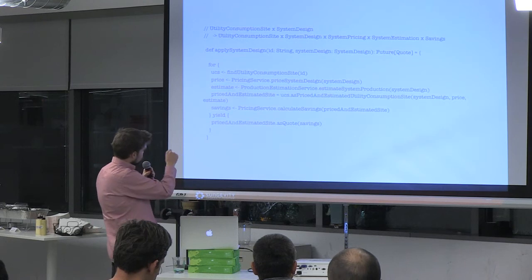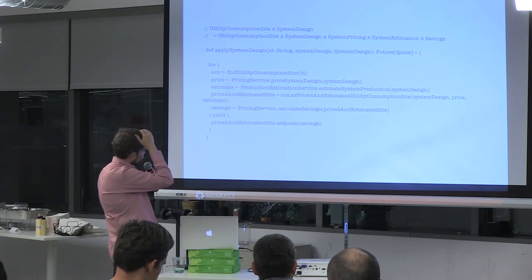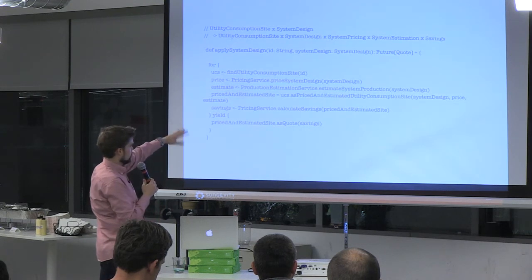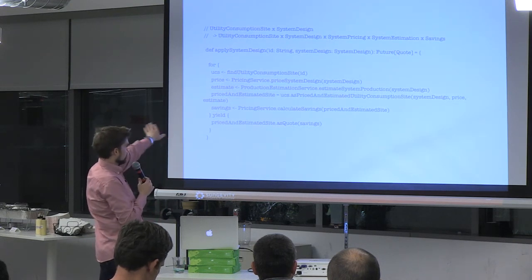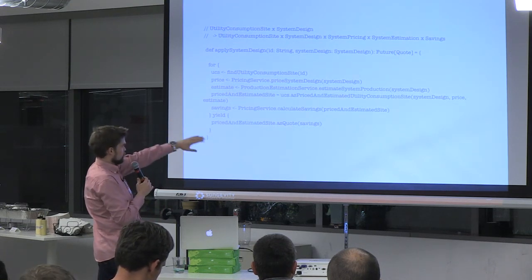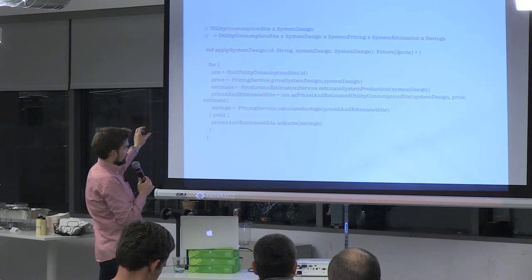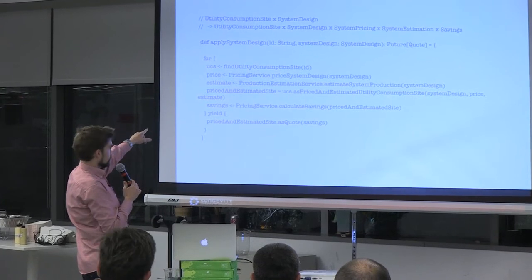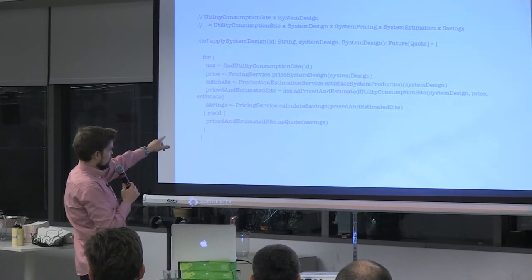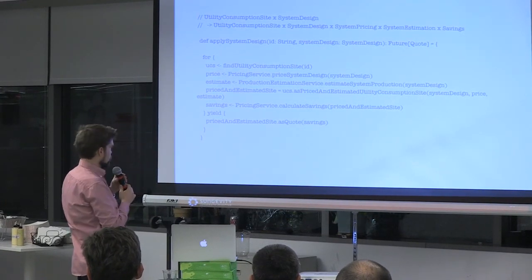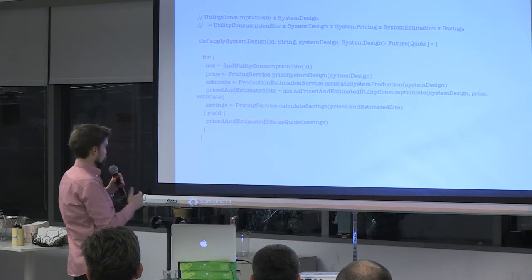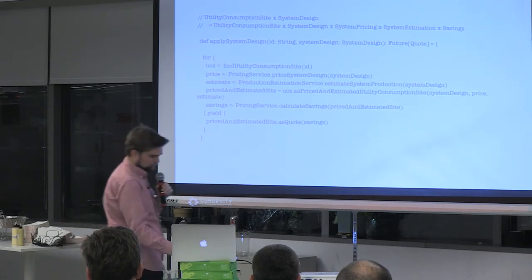And here you can see the utility consumption sites getting found, the pricing service is making a call, the production estimation service is making a call, and the results are being composed. Those two calls could complete in any order. And then finally, after they have, the savings calculation can be made, and we compose the savings onto the priced and estimated site into the quote.